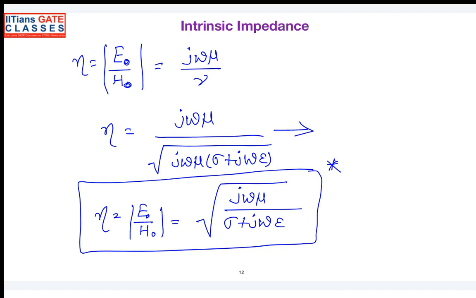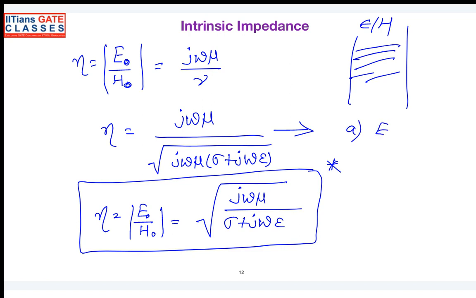Okay, if you understood this concept, let us try to answer this question. I have a particular medium in which I am passing some electromagnetic waves. In the first case, I have considered my electric field as 10 joules per meter, and the medium remains the same.